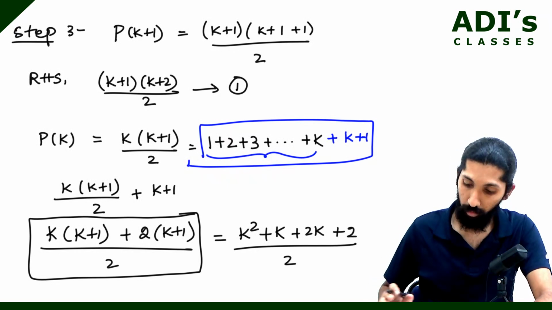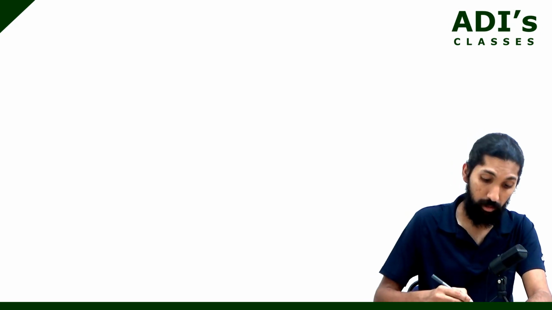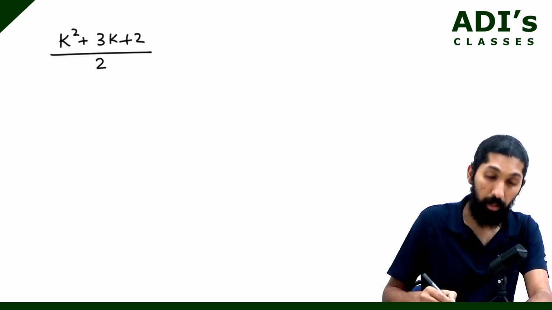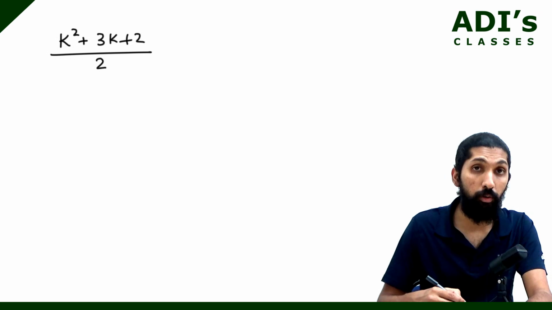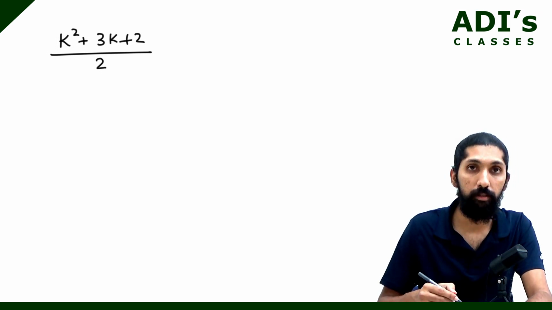Alright. So next what we can do here, if you do it in the expanded form, then you will get k square plus 3k plus 2 divided by 2. Guys, if you split, it's going to give us the same thing anyway. Splitting the middle term types.